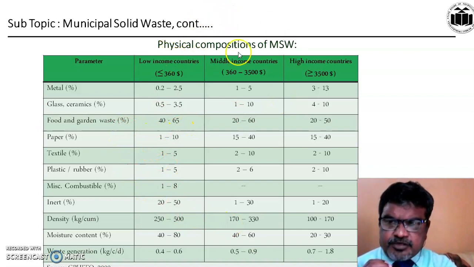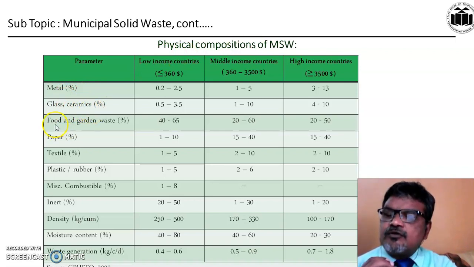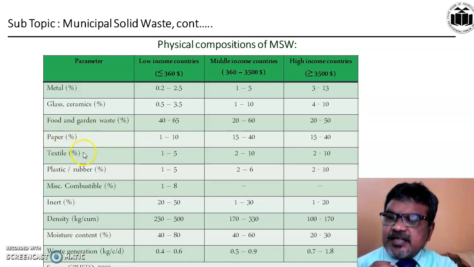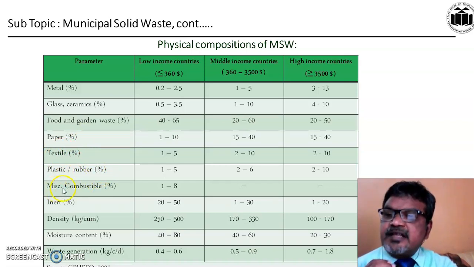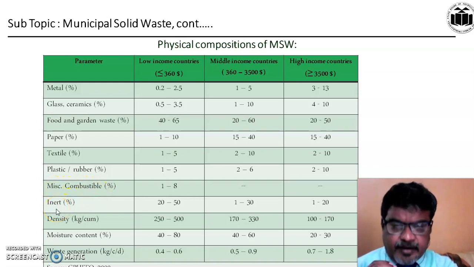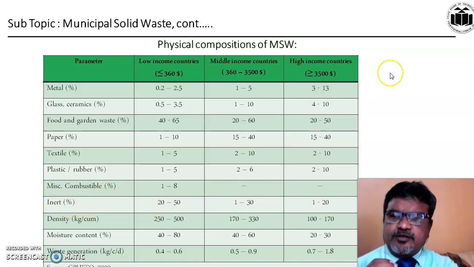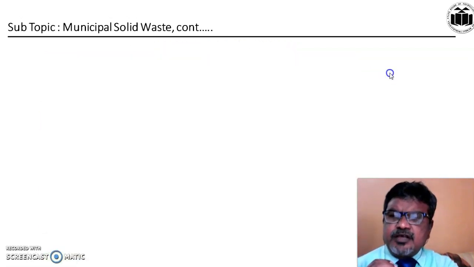The physical composition of municipal solid waste are metal, glass or ceramics, food waste, vegetable waste, fruit waste or garden waste, then paper, textile or cloth, plastic and rubber, and miscellaneous combustible waste and inert material such as ash, soil, sand, etc. These are physical compositions.